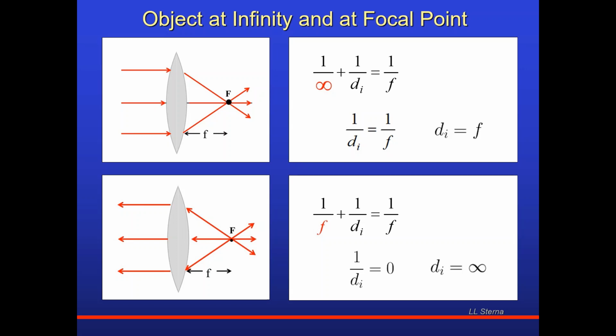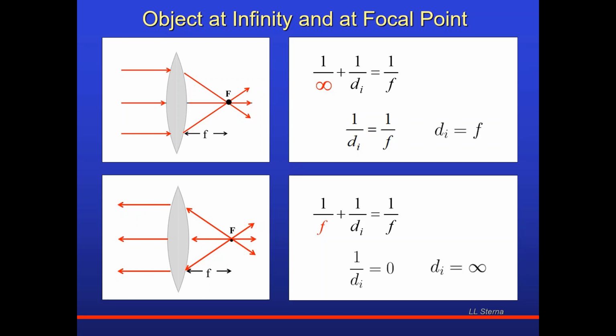If those rays have to travel an extremely great distance before they intersect, they're going to be extremely close to being parallel when they leave that lens. So the equation which says di is at infinity agrees with the picture that says the rays going to the left are going parallel from the lens.